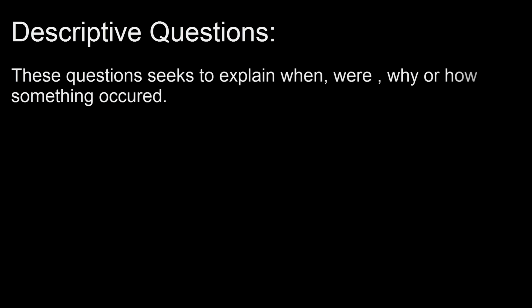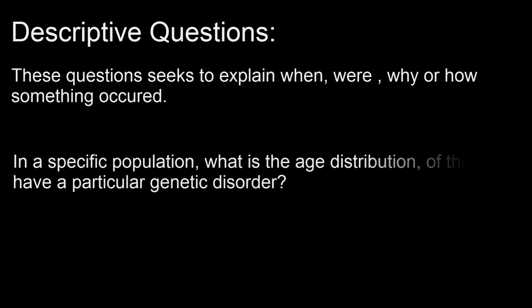Talking about the first one, descriptive questions. These kinds of research questions are those which seek to explain when, where, why, or how something has occurred. For example, in a specific population, what is the age distribution of those who have a particular genetic disorder?